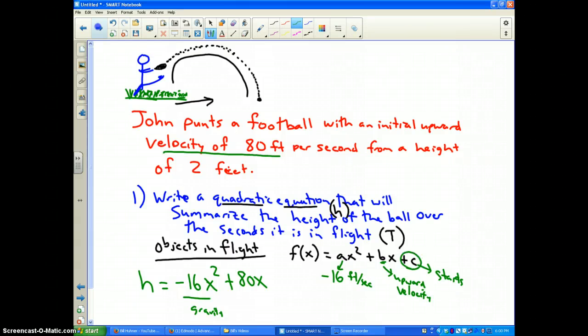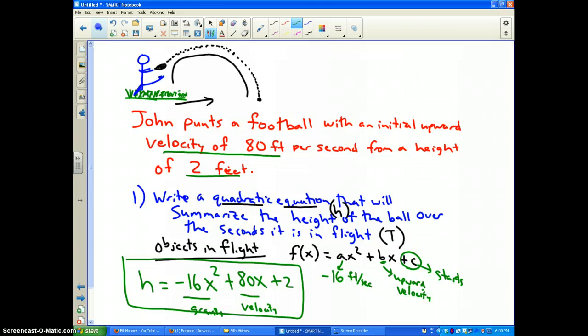I'll underline the 80x, that's its velocity. And then the last number is where it starts. It says it starts from a height of 2 feet. So that's plus 2. And that will be the equation that we are going to use throughout this particular problem.